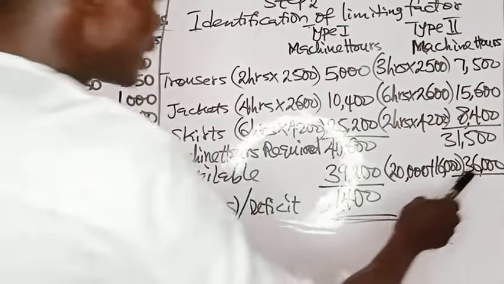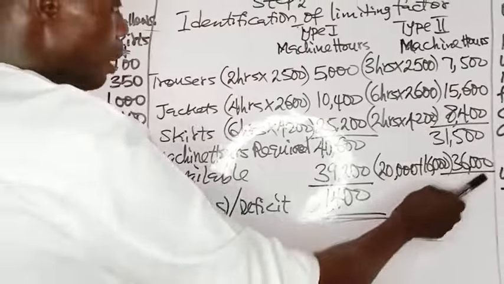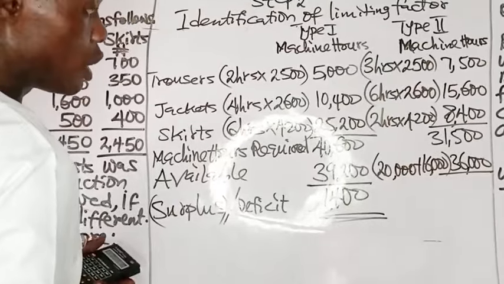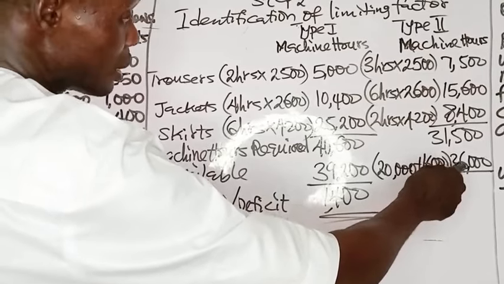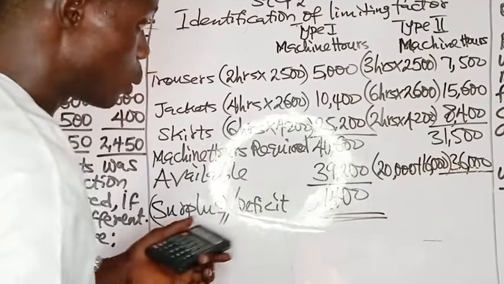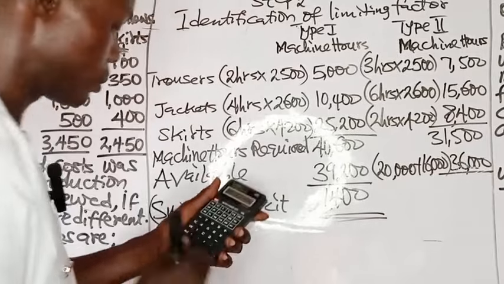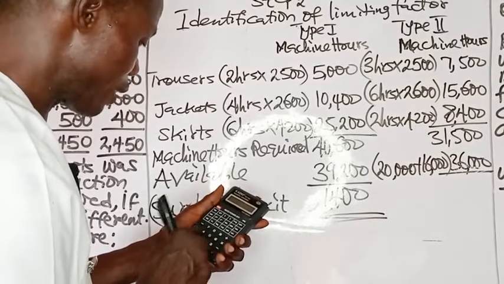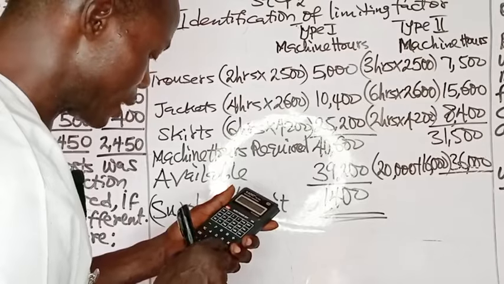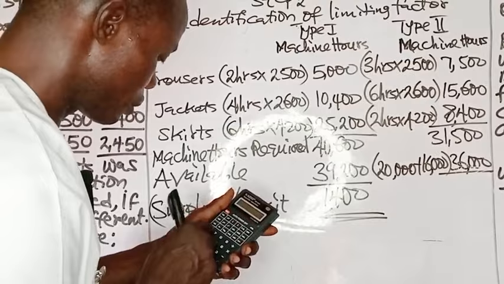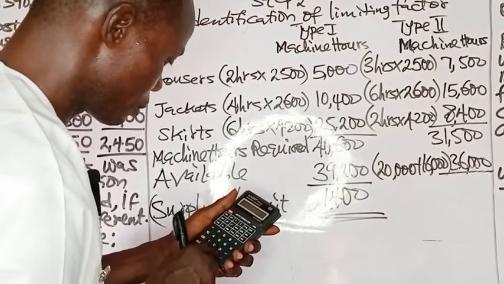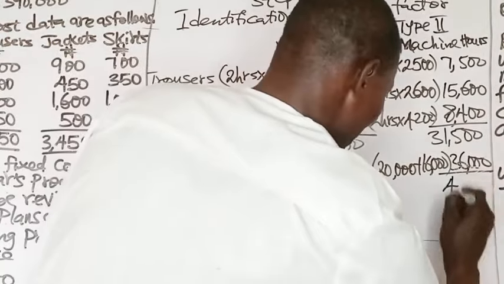Then for type 2 machine hour, what you have available is more than what you require for the production. You have sufficient type 2 machine hours, so you even have a surplus. So this is not a limiting factor. So what is the difference? 31,500 minus 36,000, then you have 4,500.